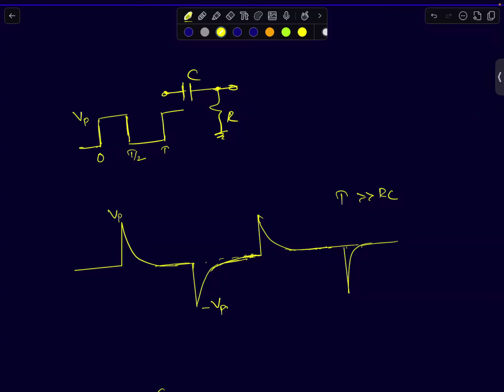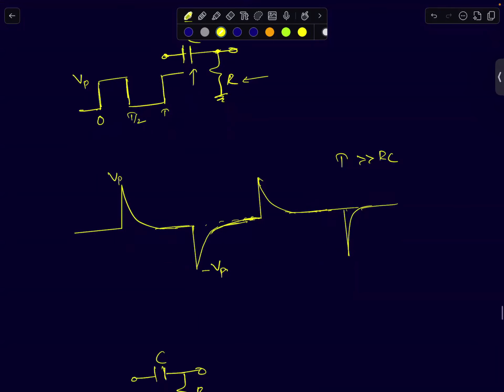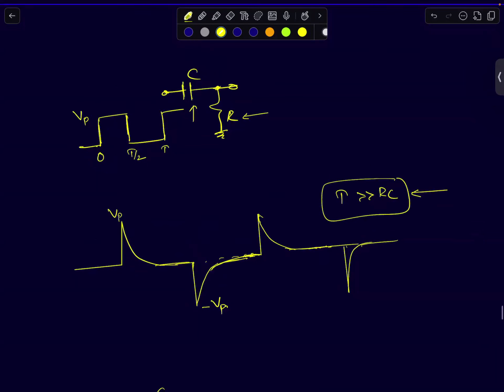If you take a first order high pass filter, which is a capacitor at the input and a resistor at the output, we analyzed this circuit in the previous lecture, and we said if you meet this condition, which means your time period is much greater than the RC time constant, then the moment you apply a step, the output will quickly reach V peak and then discharge to 0.